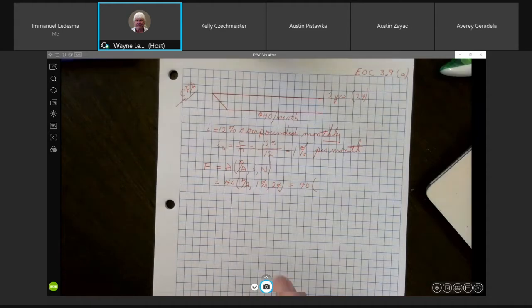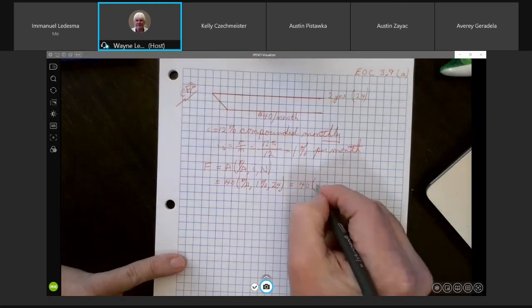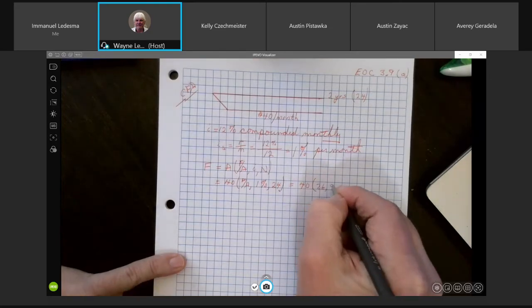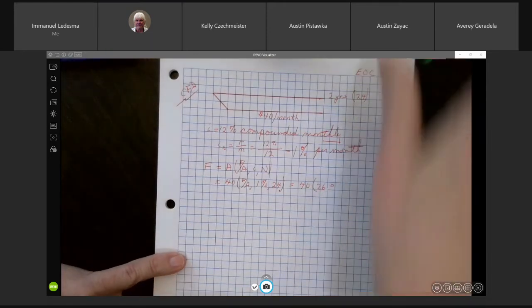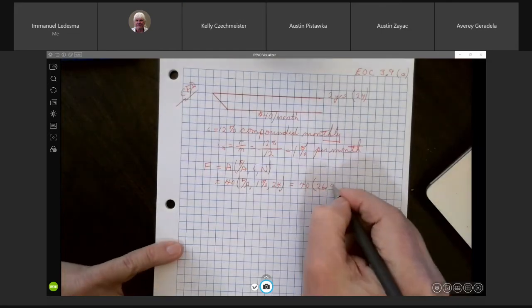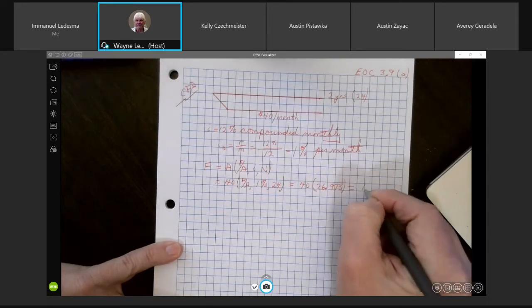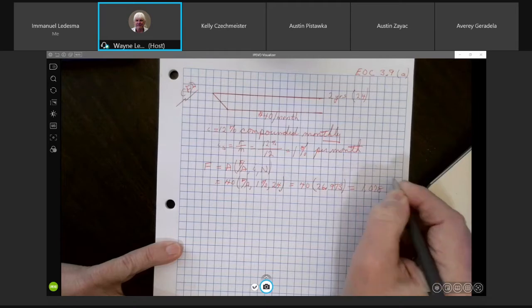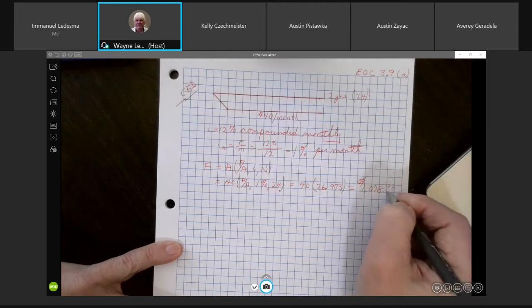So do I have any reflection on what that value is? 26,973 works for me. My mistake there, it's not a comma, it's a decimal. $26.973, which will be equal to $1,078.92.